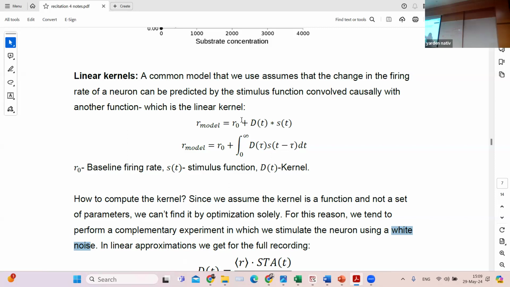So this is called the linear model. And afterwards, after you find this linear kernel, you can multiply all of these by a nonlinear one, for example, a rectifier that you are familiar with very closely.